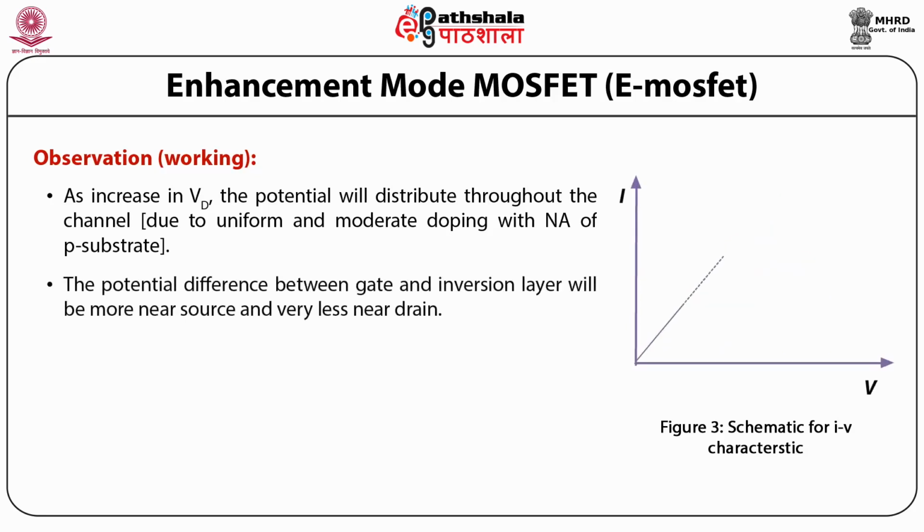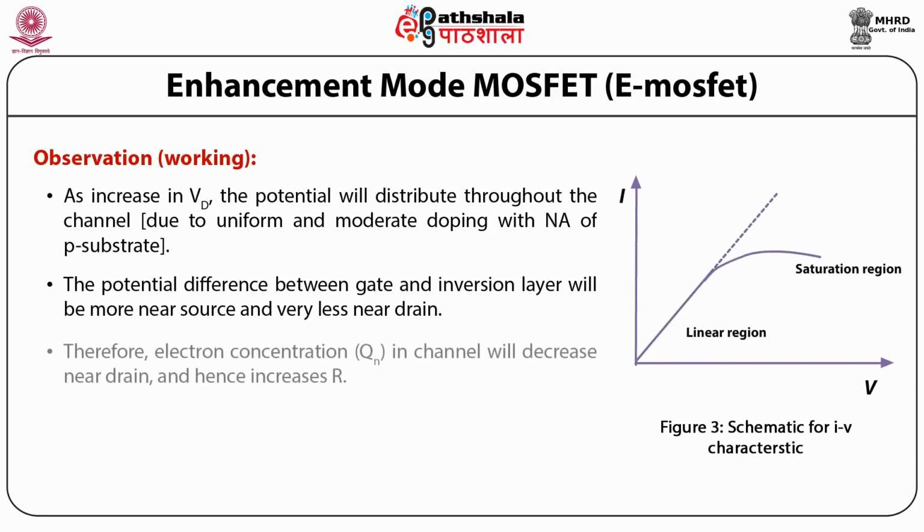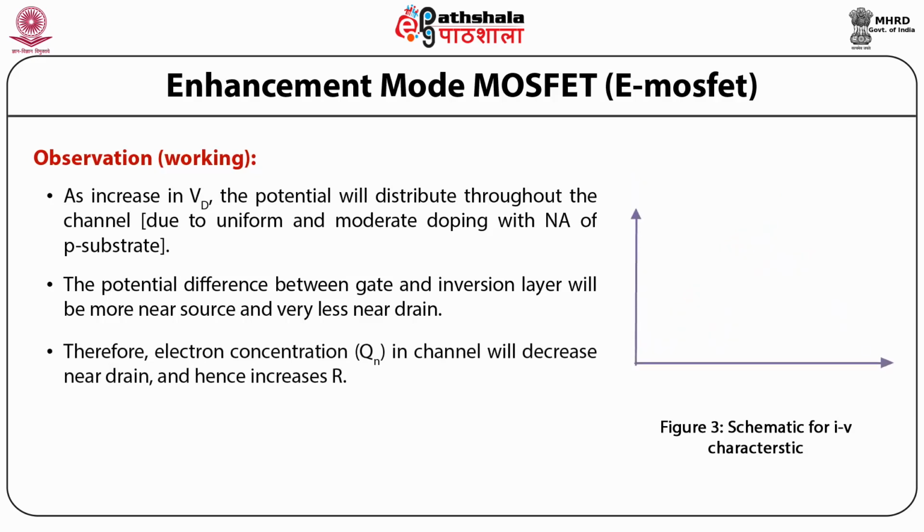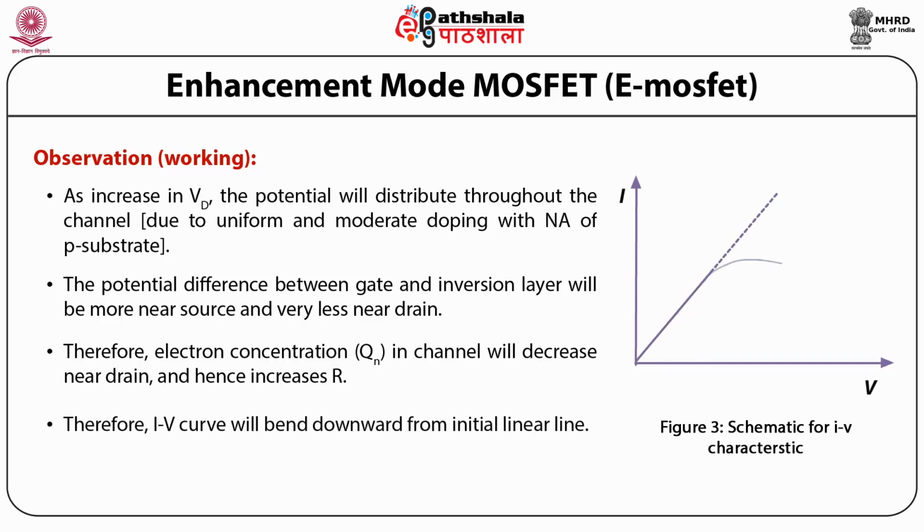The potential difference between the gate and the inversion layer will be more near the source and very little near the drain. Therefore, the electron concentration will decrease near the drain and hence R increases. So in the IV characteristics, as discussed previously, there will be a bending downward from the initial linear curve.